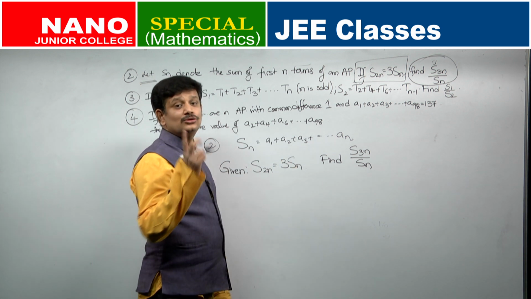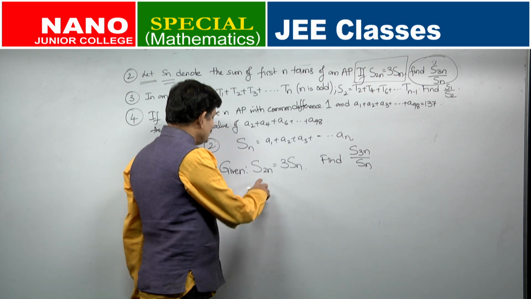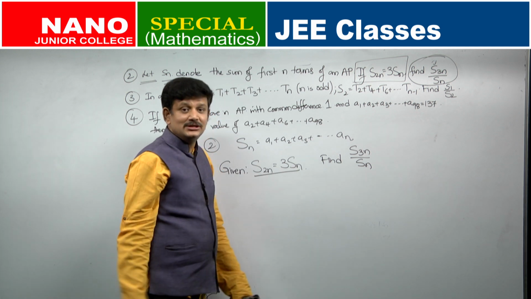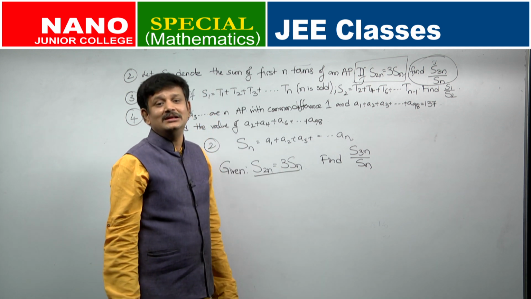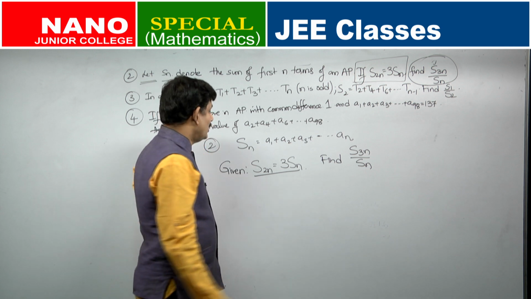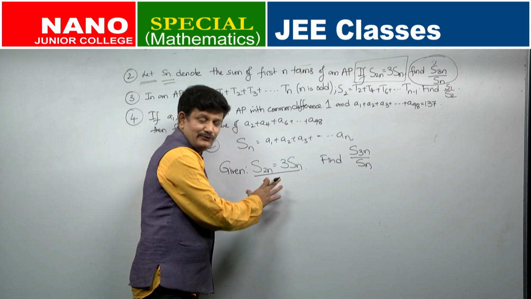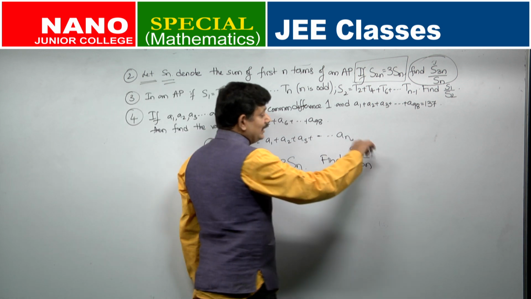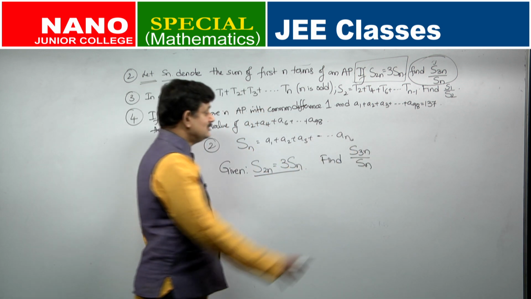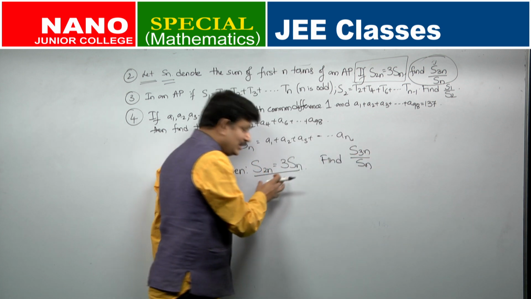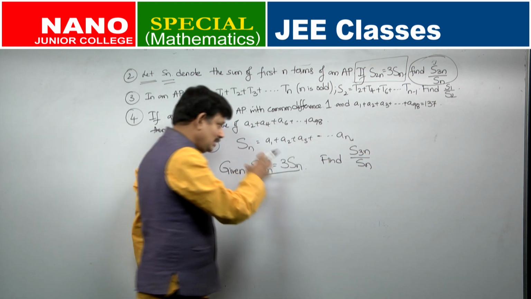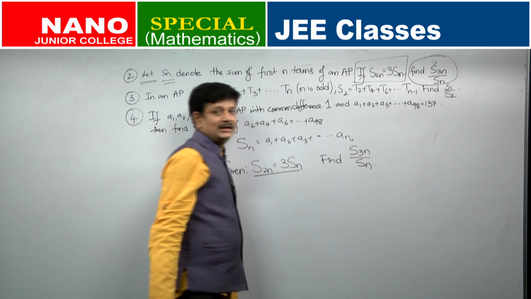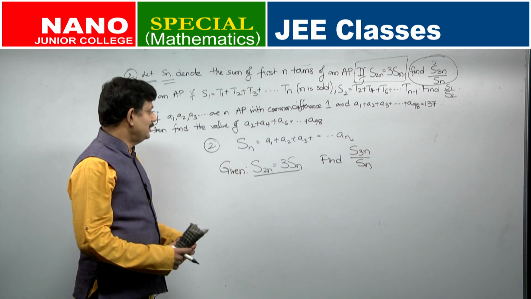You will have two unknowns A and D. So, one equation is given. This information will not be sufficient to find A and D. So, what they do? They will get some relation simplified from this equation. Then they will see what they have to find. They will simplify this and try to make use of the result they got here, substitute it here and get the answer. This is a slightly lengthy method.